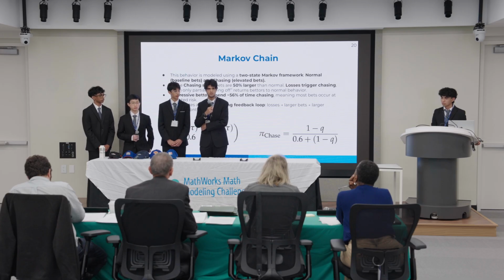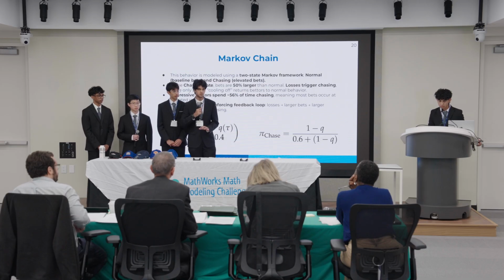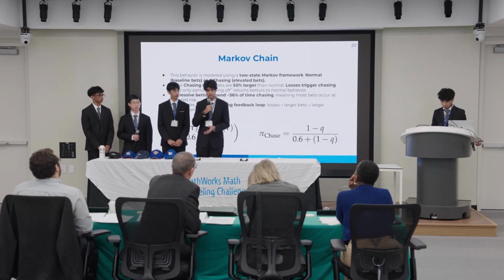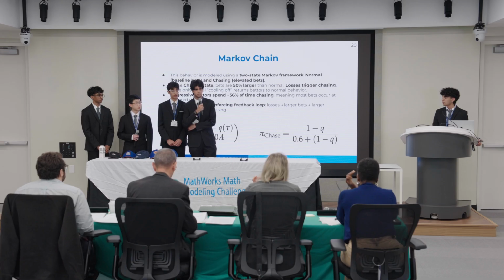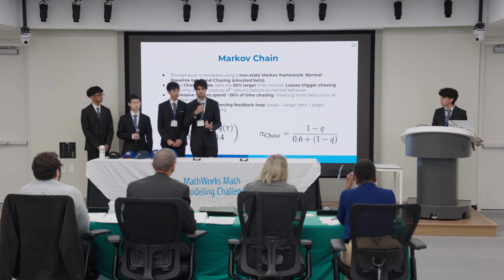So we believe that incorporating a dependent aspect through a Markov chain to model that common psychological behavior will give a better estimate of how much bettors actually lose.